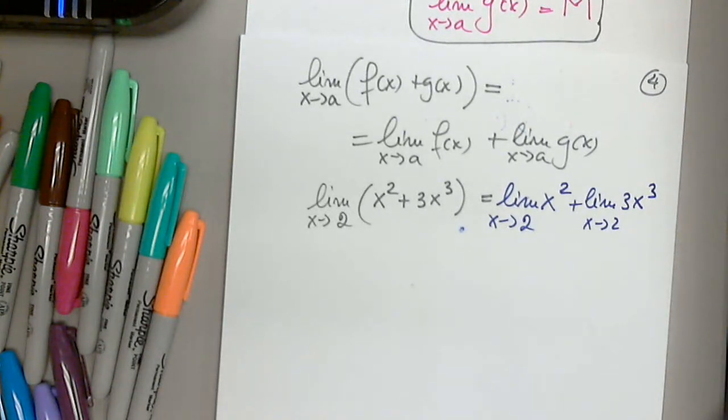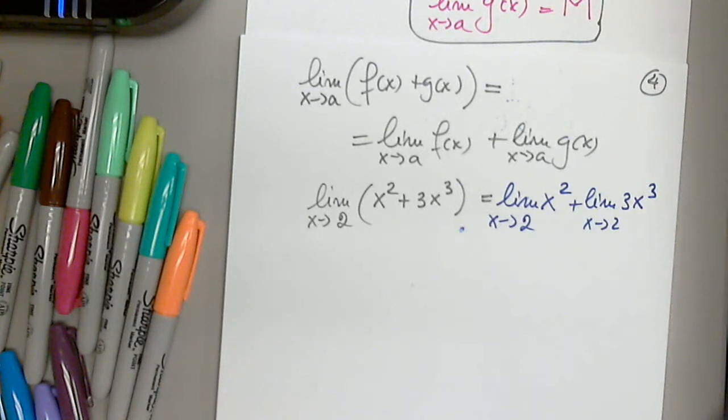But if either one is DNE or infinity, I cannot use this and I cannot split that. So this is not a distributive law. Do not think that I'm distributing the limit operator. No. The limit of a function plus another function is the sum of the limits.